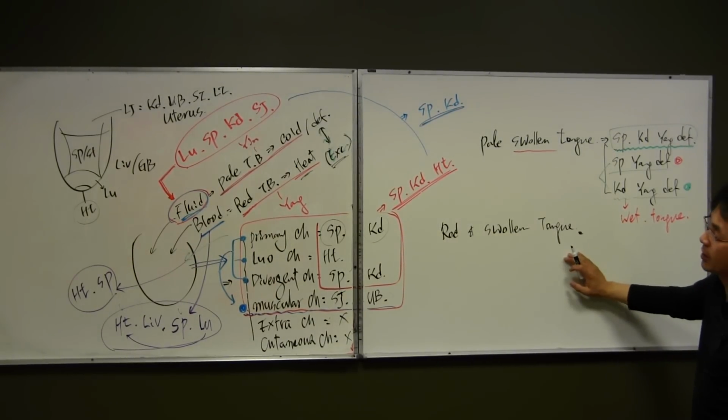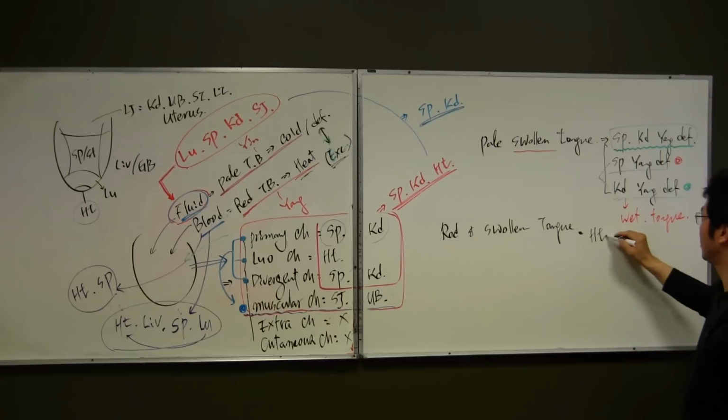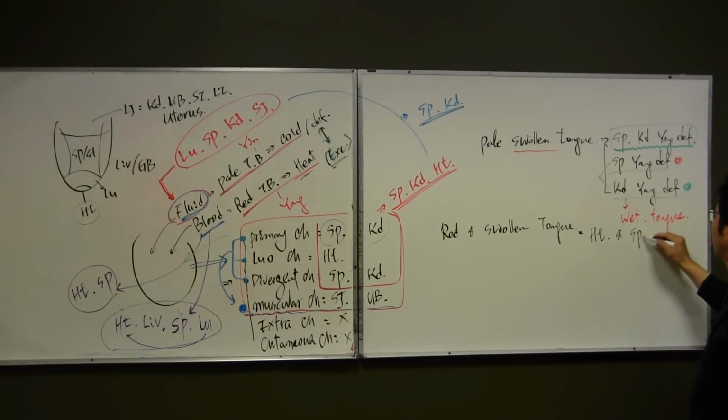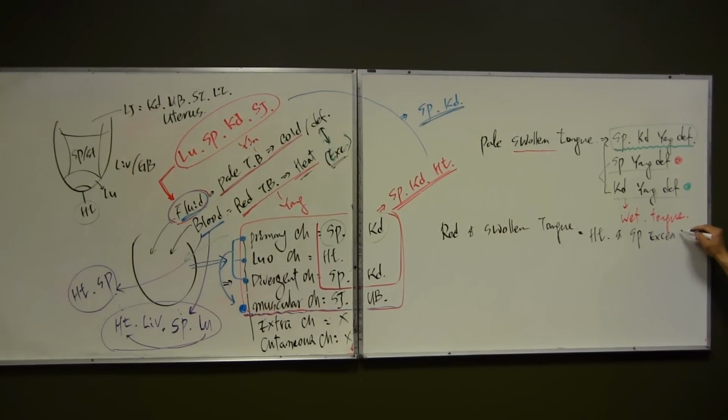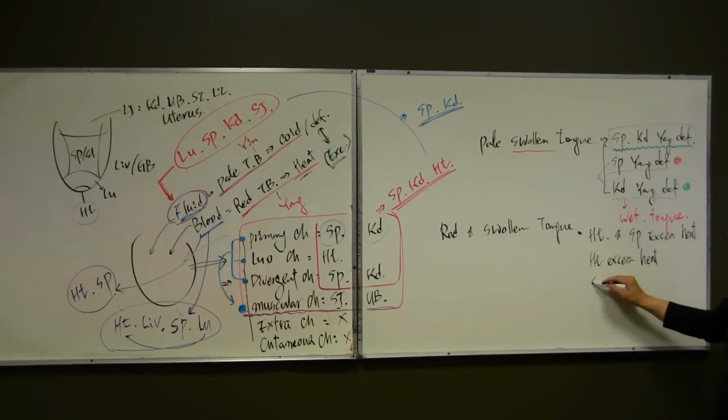So which organs' heat causes the red swollen tongue? Mostly heart and spleen. Excess heat mostly causes the red and swollen tongue. It means heart excess heat or spleen excess heat too.